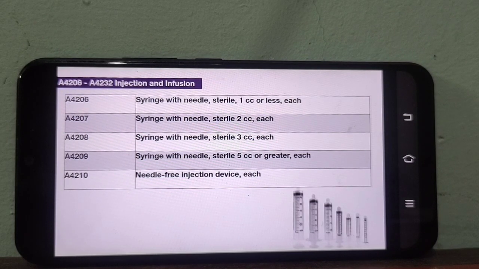So for example, suppose a doctor used a 1 cc syringe, 5 numbers. That means the number of syringes is 5, and the size of the syringe is 1 cc. How can we report?